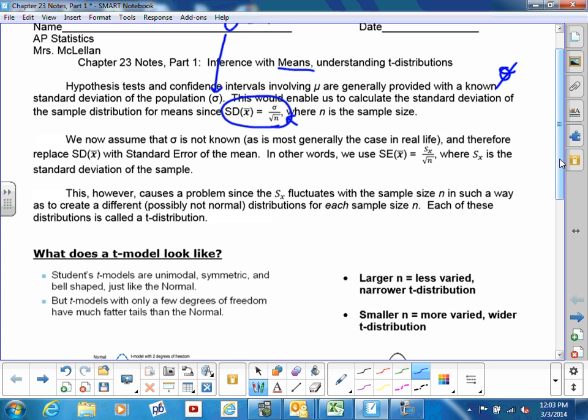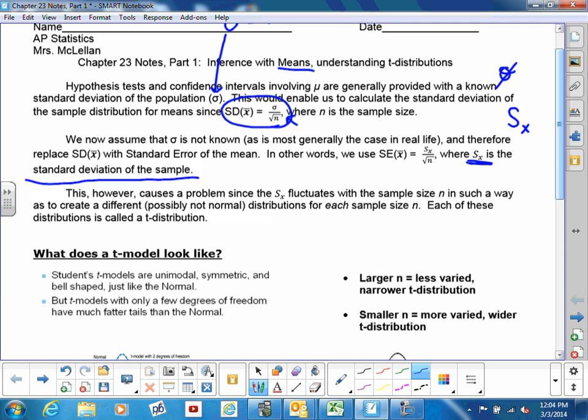So what we do is we have to use the S, standard deviation of the sample. If I am using a standard deviation of a sample instead of the population, what do you think the qualities of it are going to be as far as variation of it?